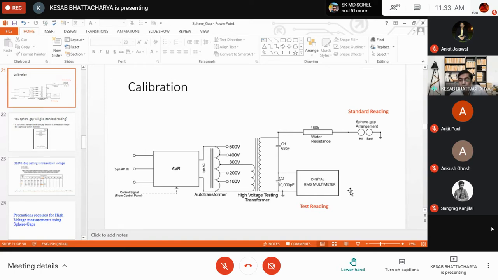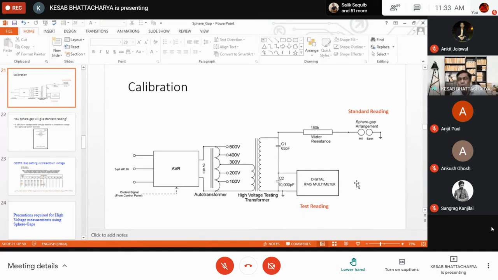But there is a problem: the values that we get from the IS are peak values, and also they are at STP. But the value that we get here is the RMS value, and not at STP, but at the present atmospheric condition.